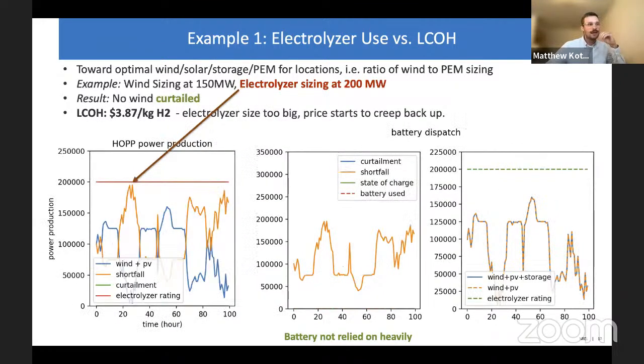At this point, you start to see that your levelized cost of hydrogen starts to rise incrementally again, because now you're not using the entire capacity of your electrolyzer. I wanted to highlight this example because it gives you an idea of what the HOPP tool can be used for when sizing a facility for whatever your end use may be.